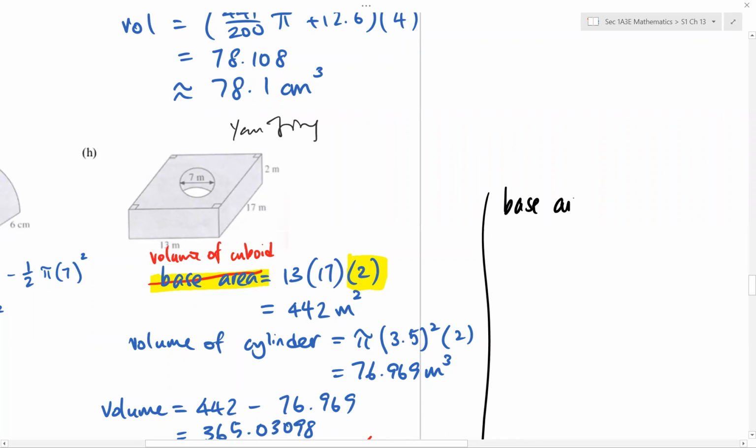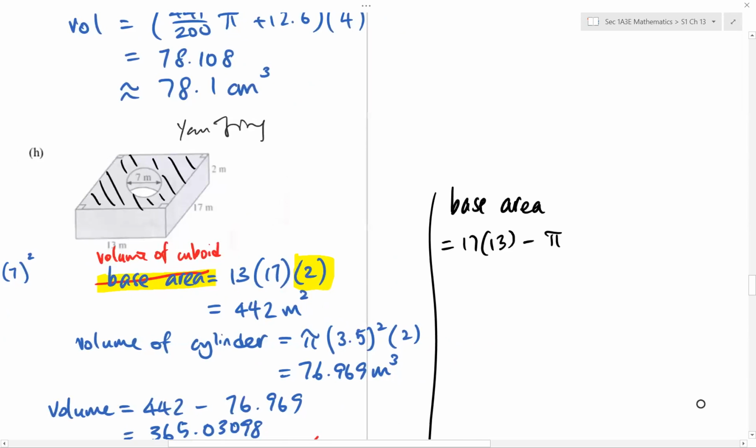Base area is actually the rectangle. So I'm shading the base area. 17 times 13, minus away pi r square.